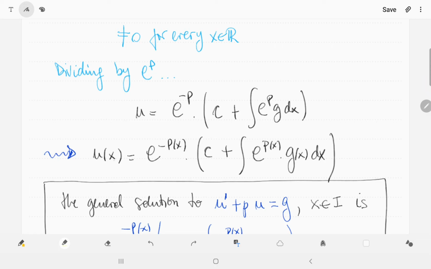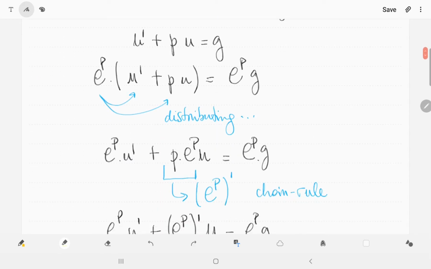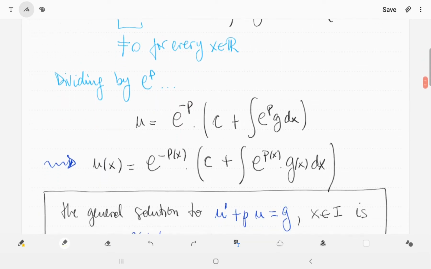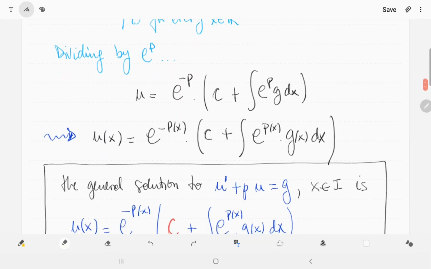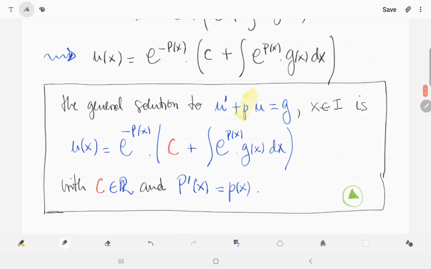If we now remember the variable x, because here we were omitting the variable x to write these calculations easily, this is what we get as a solution. And you can use this as a result in all the exercises that involve first order linear ODEs with these two functions, p and g, not necessarily numbers, just functions.